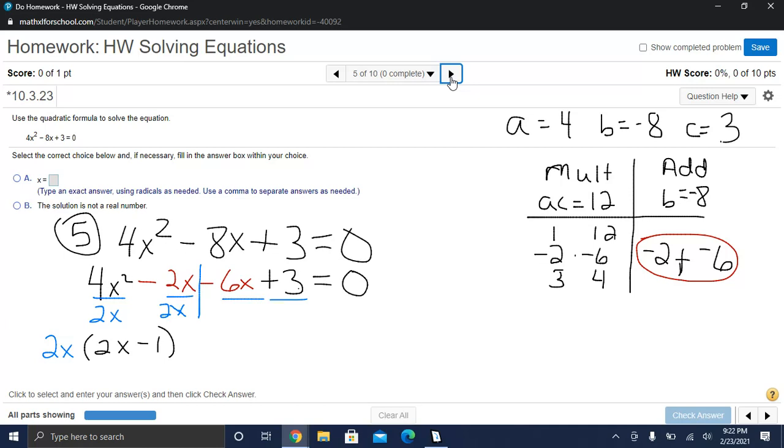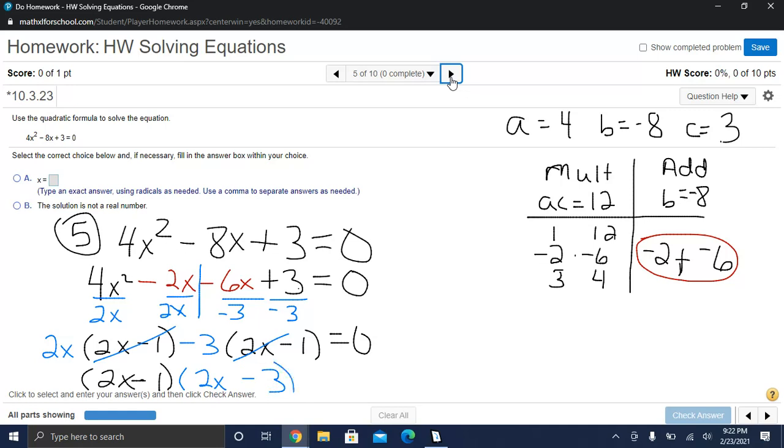Now, since I have a negative on the 6, I'll need to divide by -3. And that will leave me with 2x minus 1, which is a match. So my parentheses are 2x minus 1. And then for my other one, 2x minus 3. So it did work to factor this.